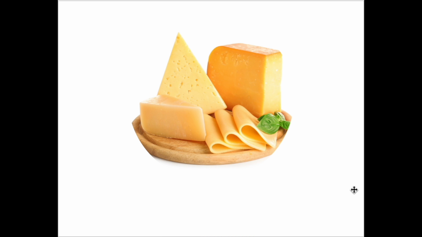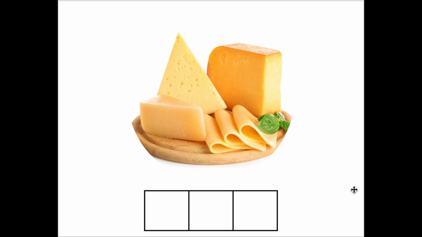All right, this is cheese. How many sounds do you hear in the word cheese? Great, I hear 3 sounds too. What is the first sound you hear in the word cheese? Yes, it's the ch sound, and we spell the ch sound with the letters C-H. What is the second sound you hear?